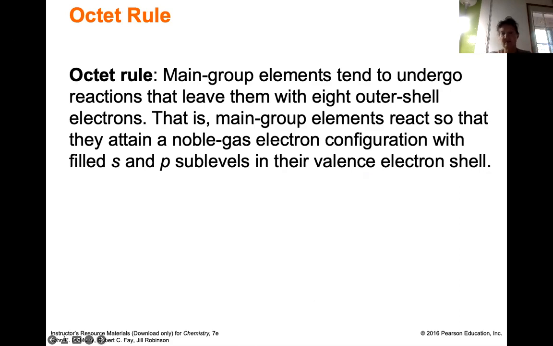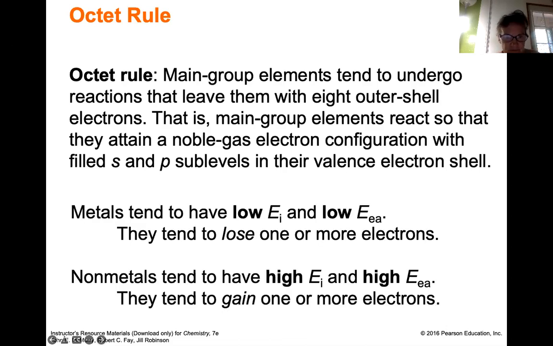That's how we can explain why group 1 likes to be +1 and why the halogens like to be -1. All of it can be explained by thinking about each of them having a filled s and p outer subshell, with electron configurations like the noble gases.